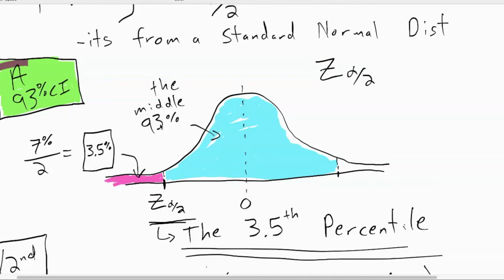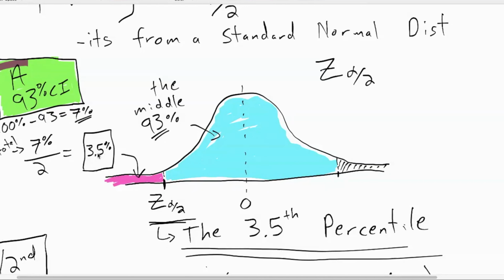If there's 93% in the middle, it means that there's 100% minus 93%, 7% on both of the outsides. In this upper portion and in the lower portion has a total of 7%. The 7% came from taking the level of confidence and subtracting it from 100%.